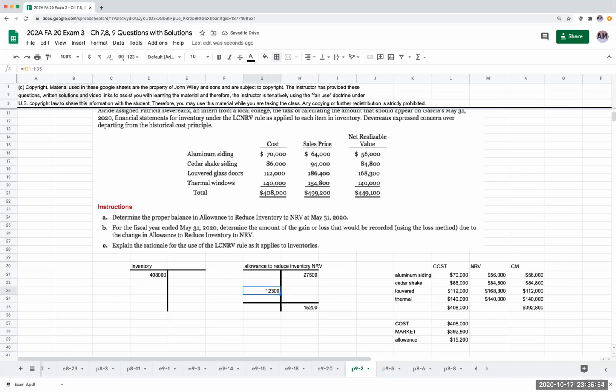So what I'm going to need to do is debit the allowance to reduce inventory to net realizable value. And then I would say gain on inventory. Well, I don't even like to call it this, revaluation. This would be another gain or loss.